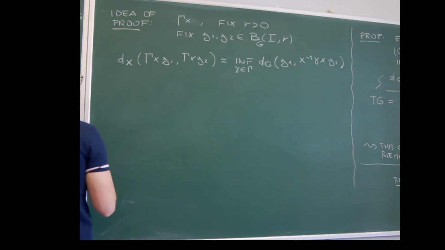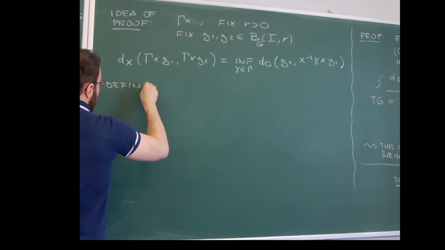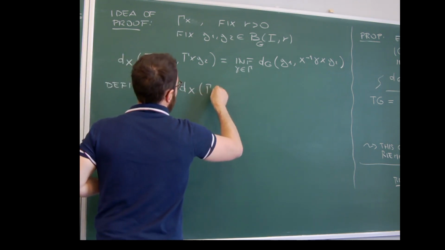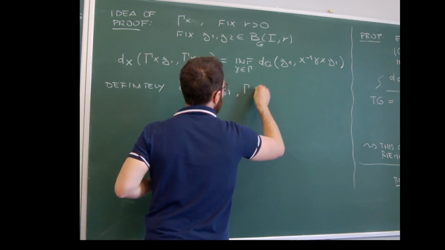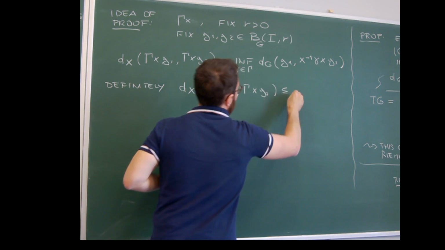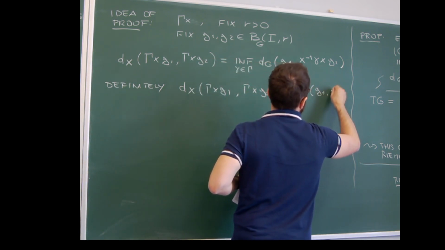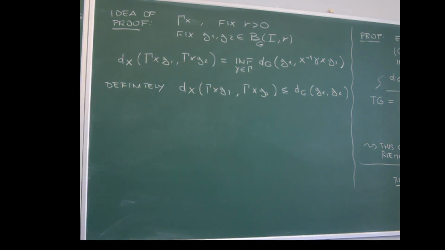Good. So definitely you have that this distance between gamma x g1 and gamma x g2 is less than or equal to the distance between g1 and g2, because you have an inf here and you can just pick gamma equal to the identity.